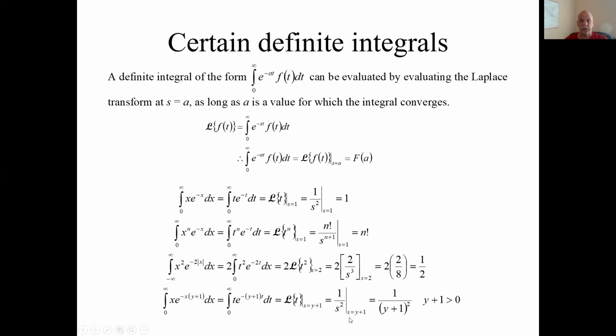So now instead of just substituting in a constant for s, I'm substituting in y plus 1, and I get this as my answer. Because for this to work, s has to be greater than 0, so y plus 1 has to be greater than 0. y is greater than minus 1.